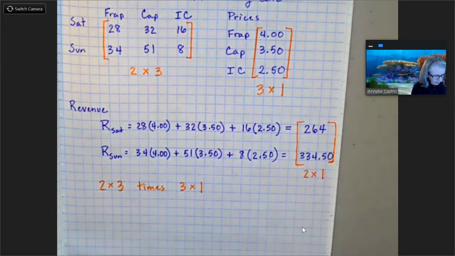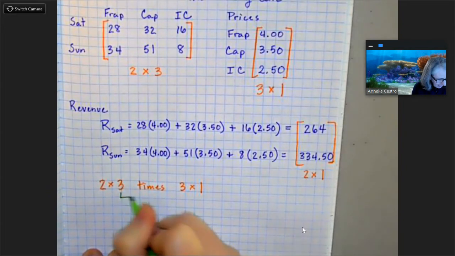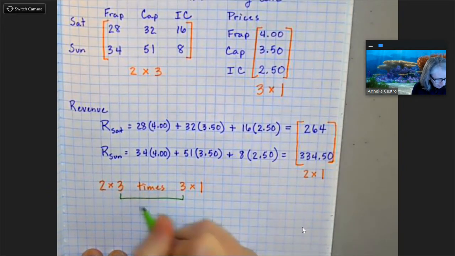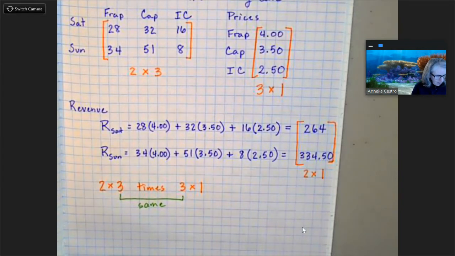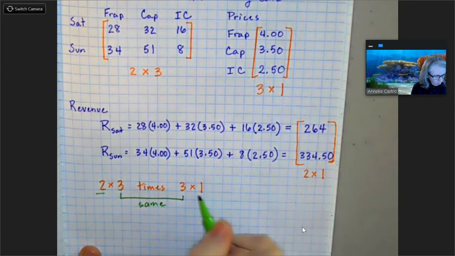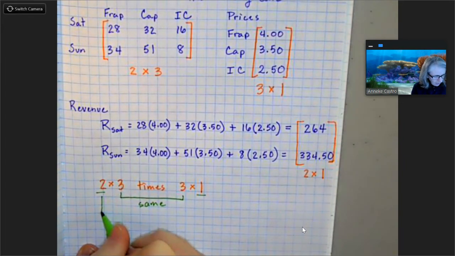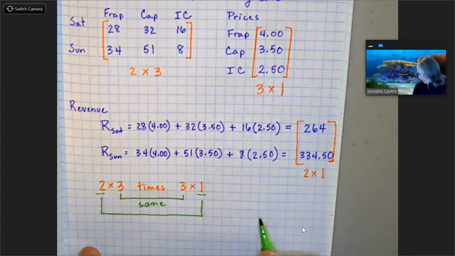The rule here is that these have to be the same. So the inside numbers have to be the same. And then notice the result is a 2 by 1. So the outside numbers will give you the size of the resulting matrix.